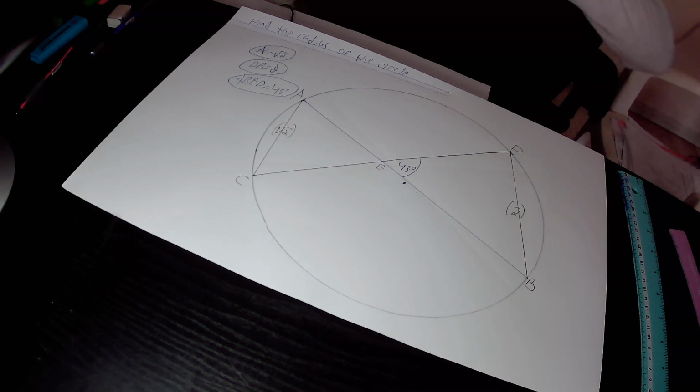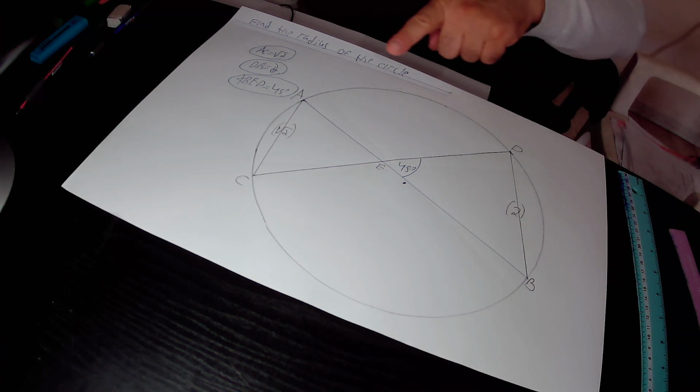So first of all, we join points A and D together by a straight line.